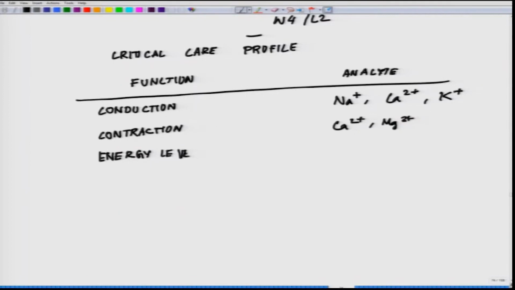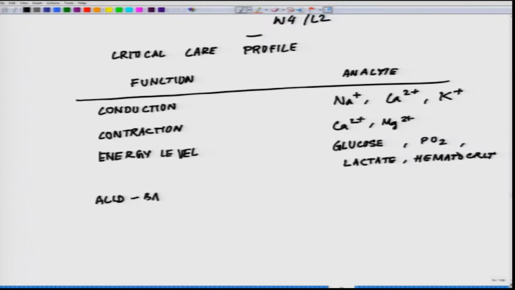When you look at energy level, we look at glucose, we talk about oxygen, we talk about lactate, we talk about hematocrit. Okay. Then, whenever we talk about acid and base, what is the level of acidity in the body, we talk about pH, and PCO2, partial pressure of carbon dioxide.